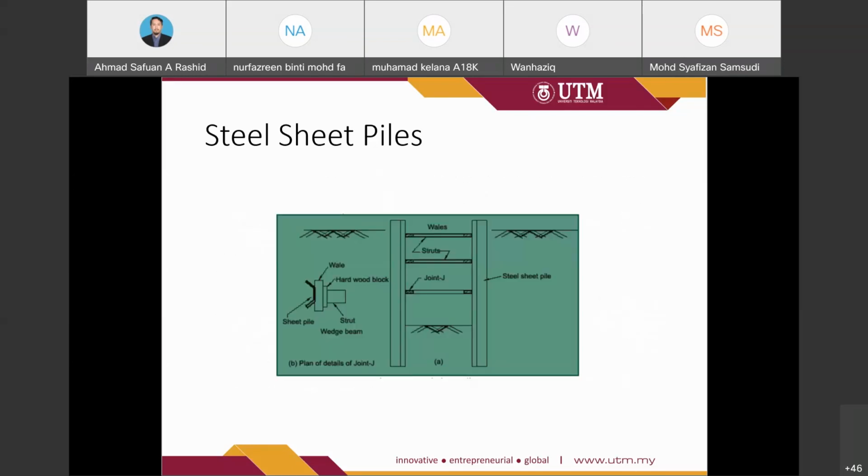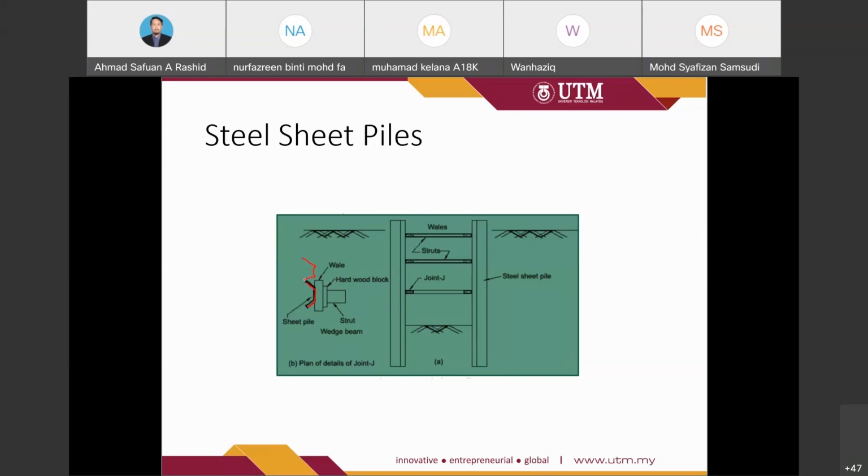So this is the construction of the steel sheet pile. This is how we look from the top. This is the sheet pile, and it has a wale. Then it is put with a hardwood block and then the strut is used.